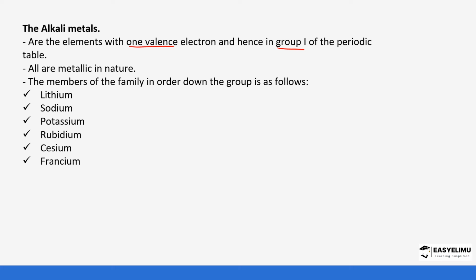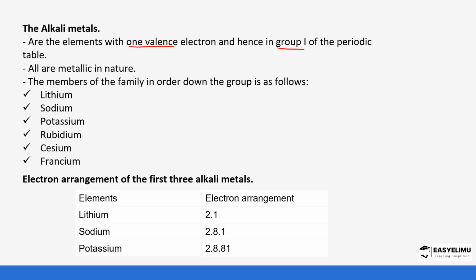And then when you look at the electronic configuration of these elements, this is how they look. You notice we have only placed the 3 elements: lithium, sodium, and potassium. If you look at their electronic arrangement, you see they're in different periods, but they're in the same group because they each have one electron in the outermost shell.